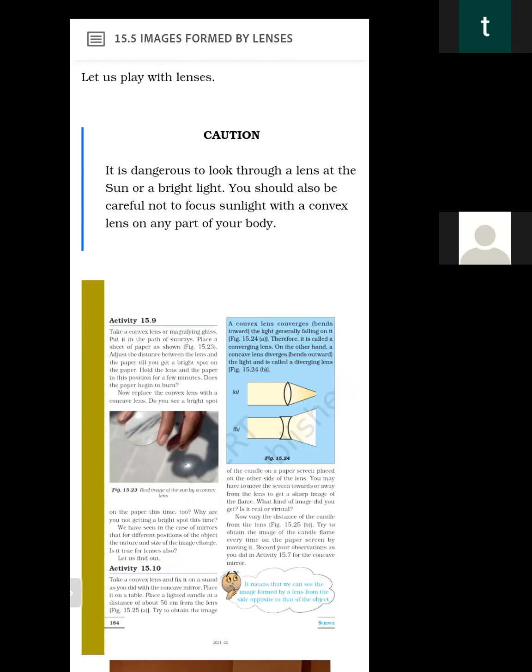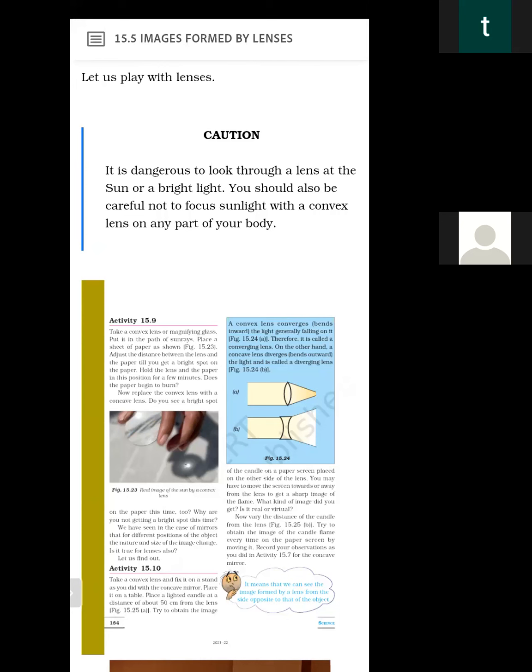Does the paper begin to burn? Yes. After some time, the paper will start burning, because this lens is concentrating the sun rays at one point, and because sun rays have heat, the paper will start burning.